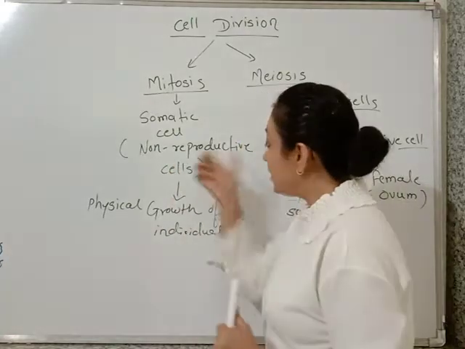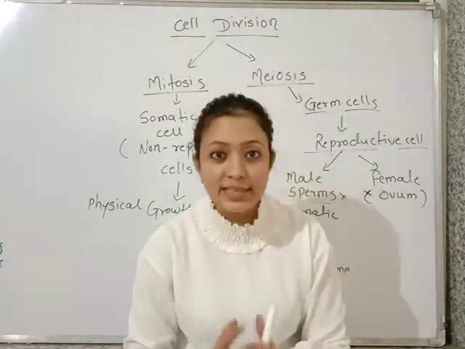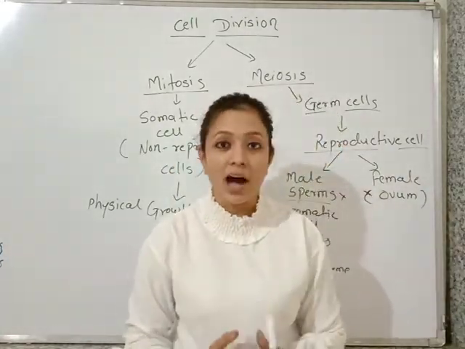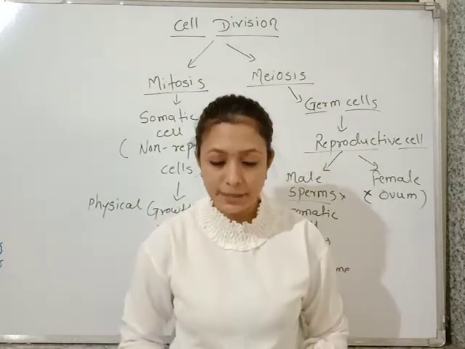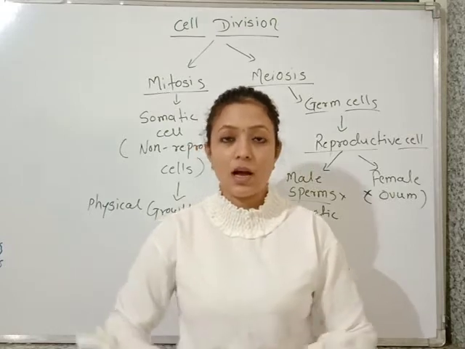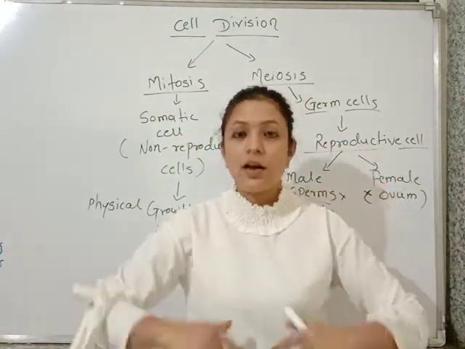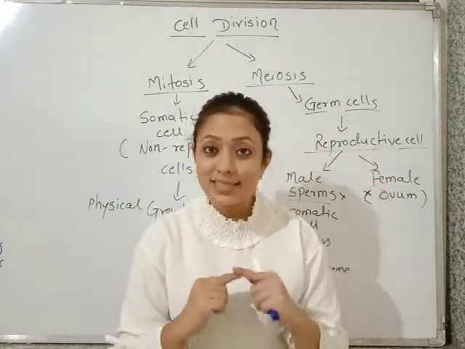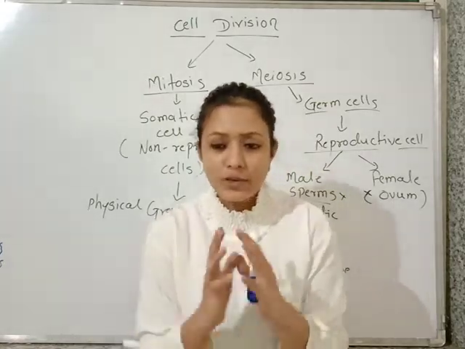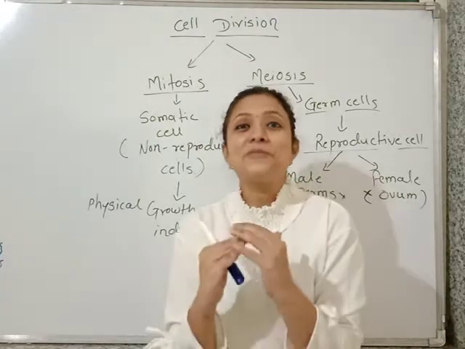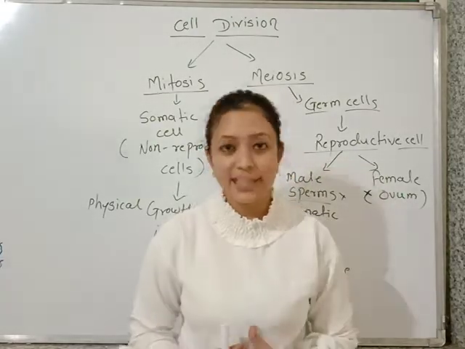So what does it mean actually? These somatic cells are the non-reproductive cells of our body. For example, our skin cells and our internal organ cells are somatic cells, which especially help in the physical growth of an individual.